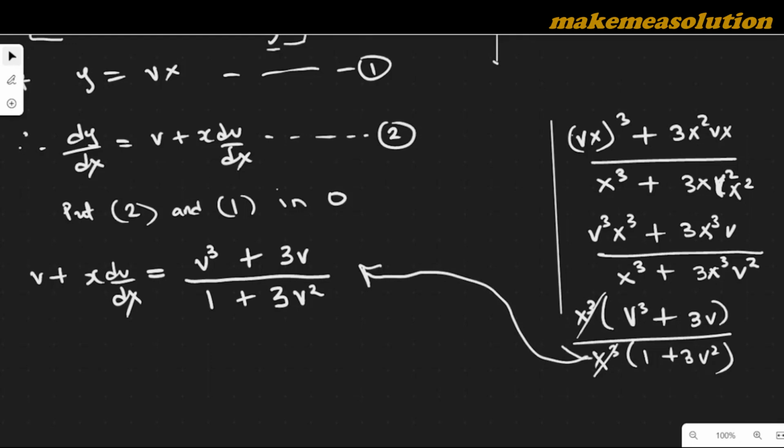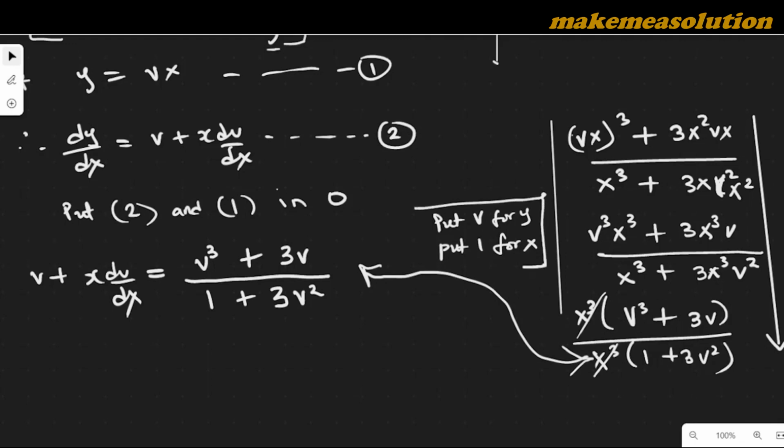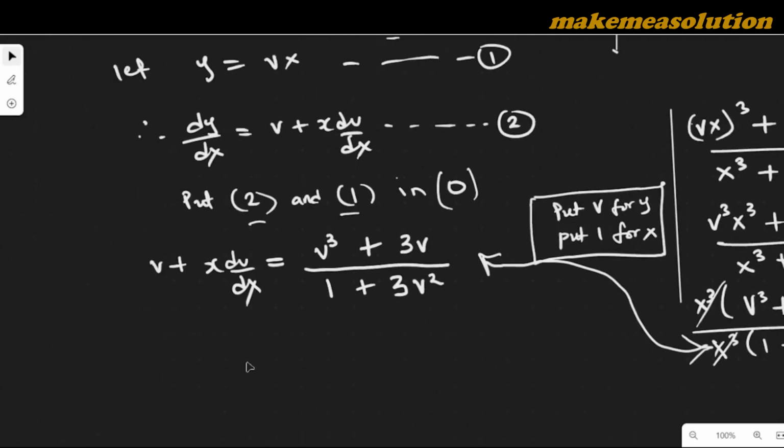So to save yourself the stress of all these calculations, just follow the trick: put v for y and put 1 for x. This is the cheat code you use when putting equation 2 and equation 1 in equation 0. I hope you understood that.